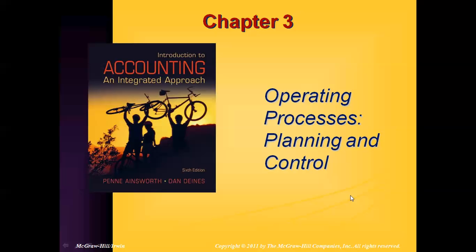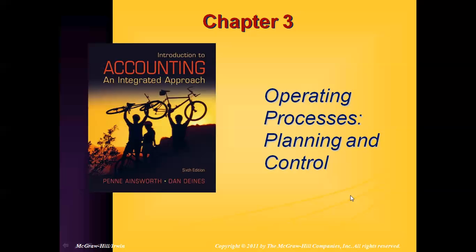We're going to refer to the marketing, sales, collection, and customer service process as the revenue process, and the purchasing, human resources, payment process as the expenditure process. So keep those in your mind, revenue and expenditure.